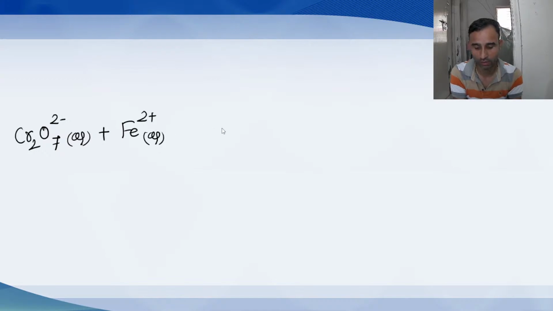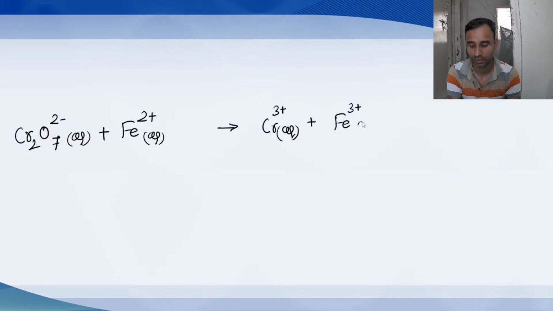Second one: Cr2O7 2 negative aqueous plus Fe2 plus aqueous to give Cr3 plus aqueous plus Fe3 plus aqueous.